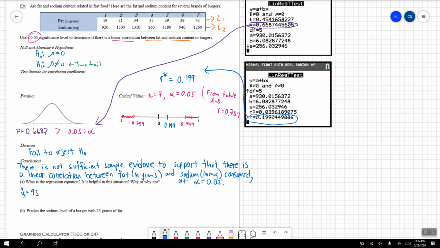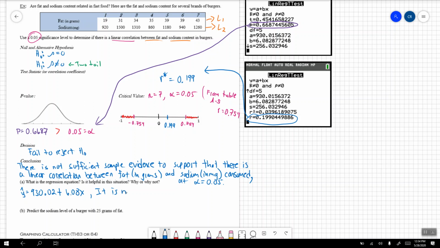So that's 930.02 plus, and that's going to be my bx, so b is 6.08x.